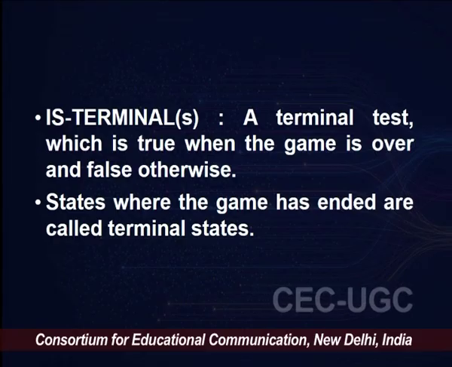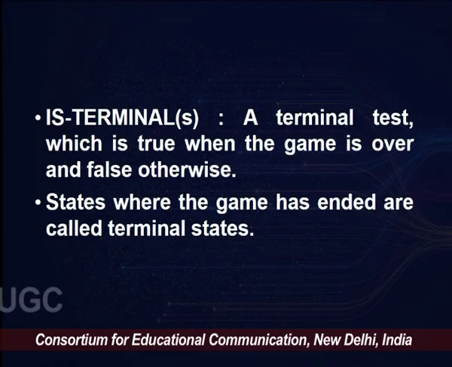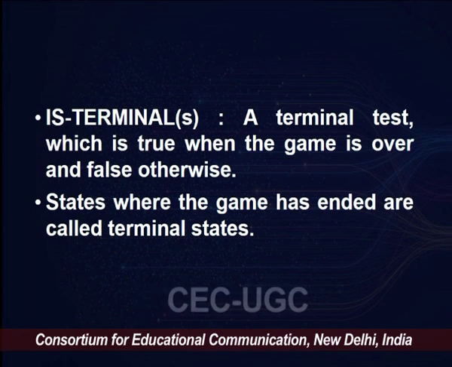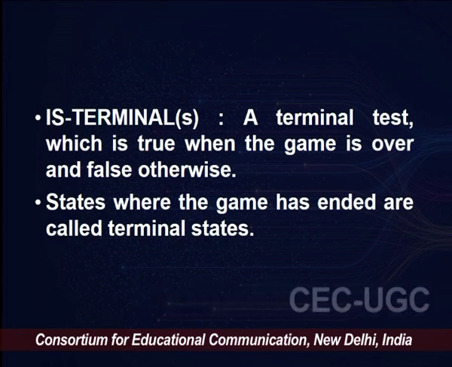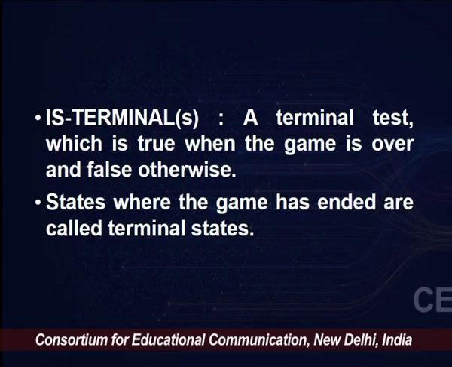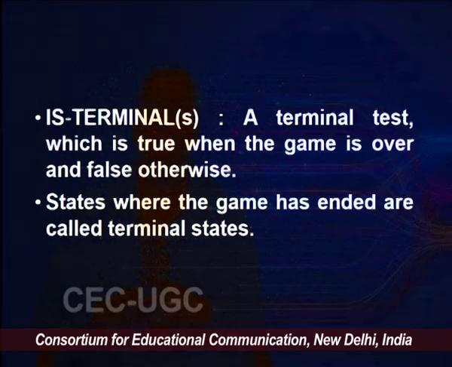The states where the game has ended are called terminal states, and there can be so many terminal states in one particular game. So, we have seen how we are going to define the game from the perspective of an AI agent with the help of the dimensions: initial state, to move, actions, results, terminal test, and then finally the state.